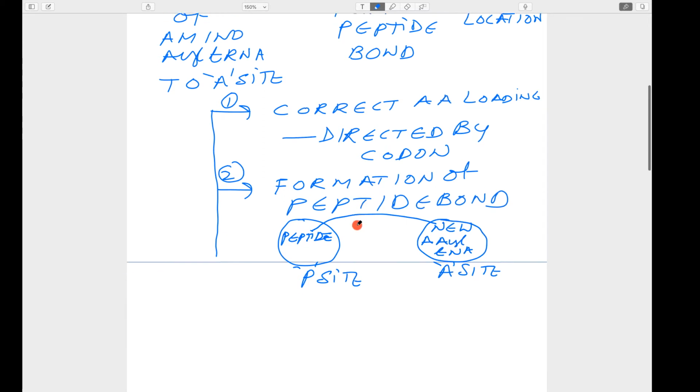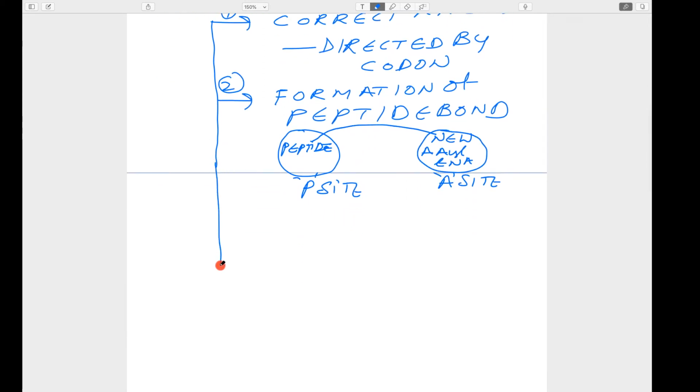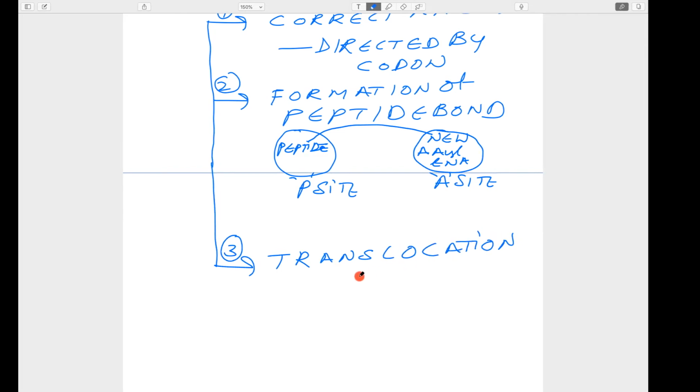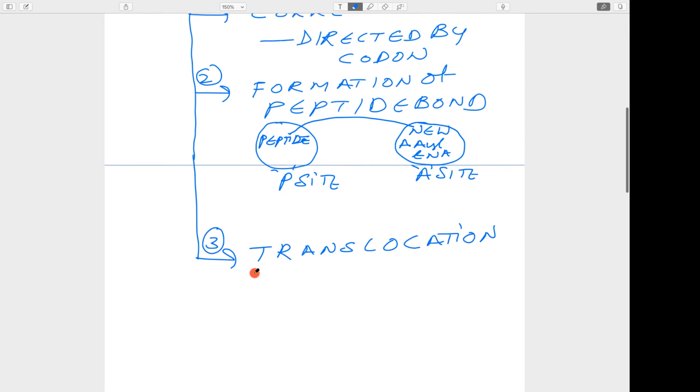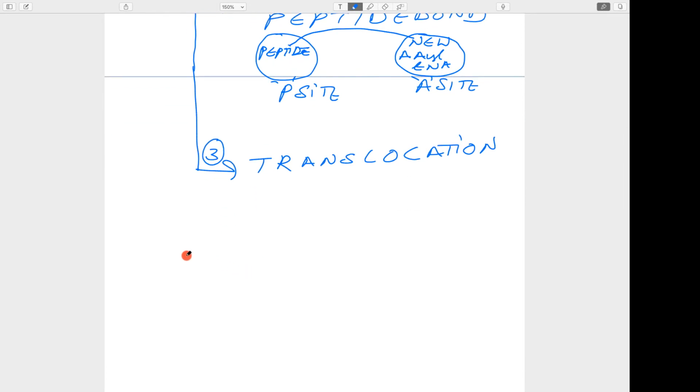Then the third aspect is translocation. When you talk about translocation, what does it mean? Suppose this is the messenger RNA, and the ribosome is here initially.